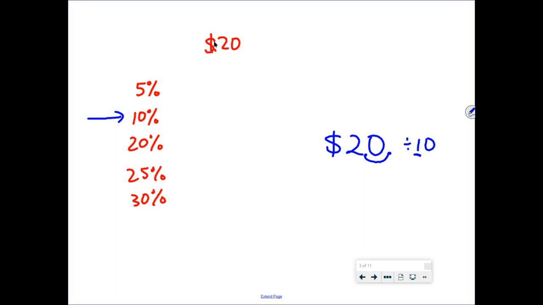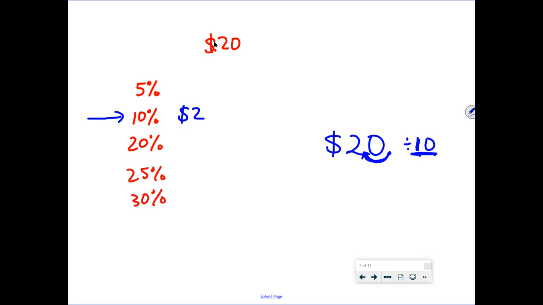The only way to do that without changing the actual digits is to move the decimal point. So finding 10% of a number just requires you to move the decimal point one time to the left. So finding 10% of $20 is $2.